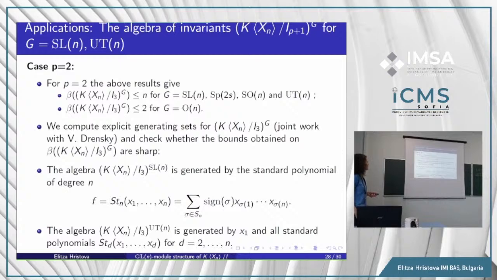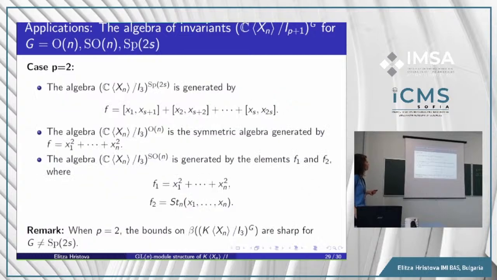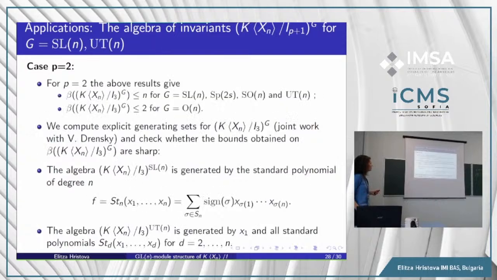And now the three other cases. When we take the algebra of SP invariants, we have one generator, which is of degree 2. And the bound we have is n. So in this case, the bound is not obtained.